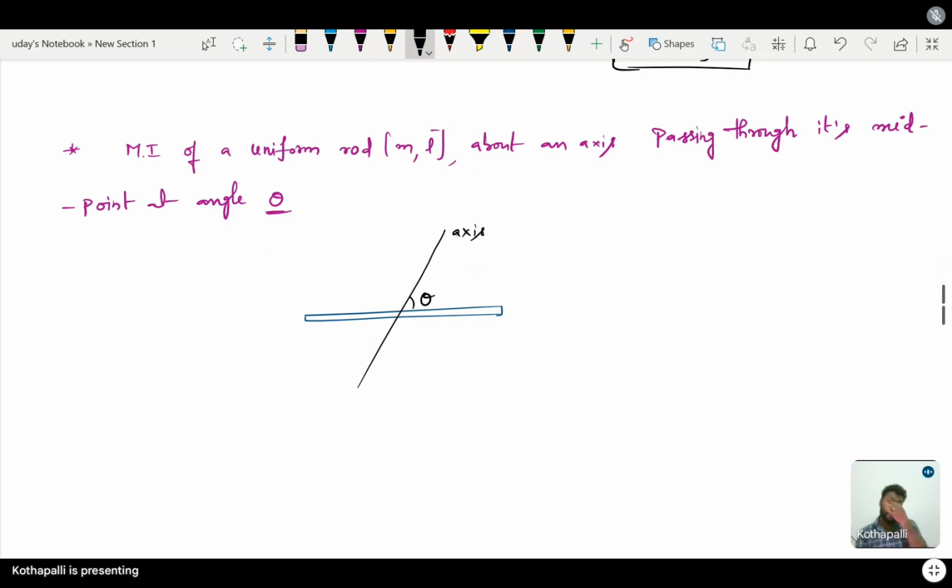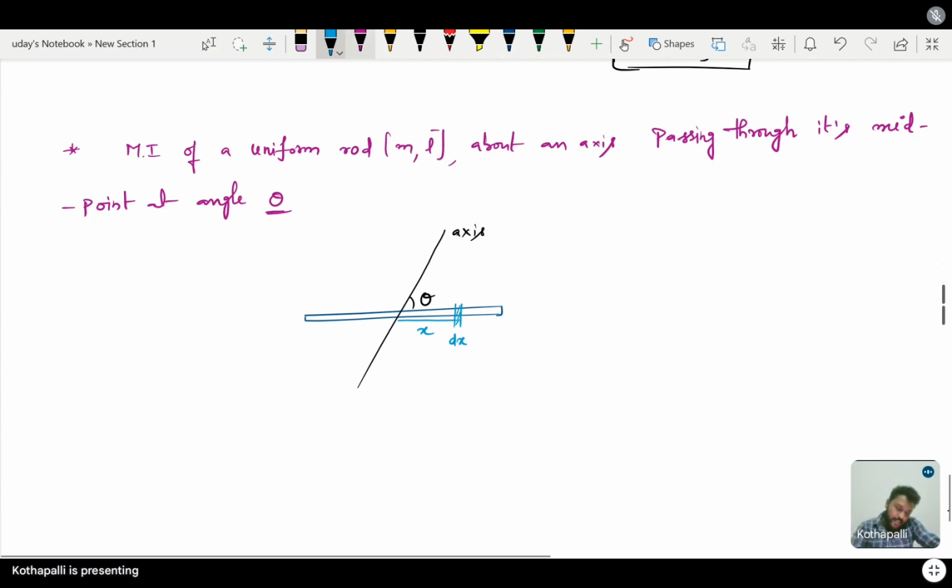The same logic will apply. We'll take a point mass at any x distance from the axis of rotation. We'll calculate the dm value, and from that we'll calculate the value of r perpendicular, and under integration dm into r perpendicular square will apply. See how it will be. From the axis of rotation at x distance, let's take a small length dx in which dm mass is present.